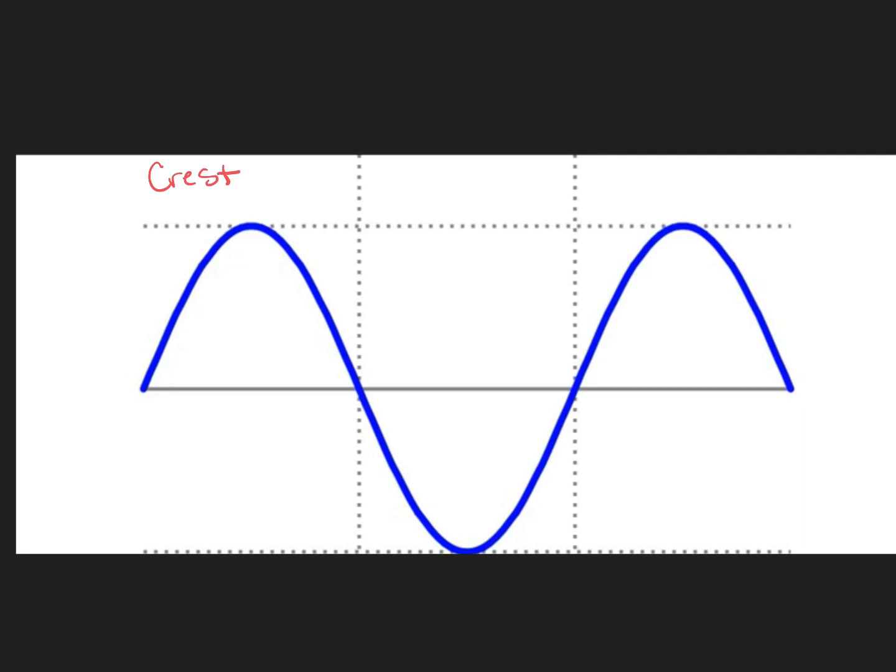So this would be the crest right here. This would be the crest right here. So the top. The trough of the wave would be the lowest point. So this would be the trough. Okay.